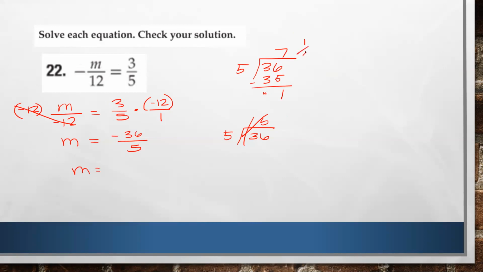So it's 1 over 5. So that is equal to -7 and 1/5.